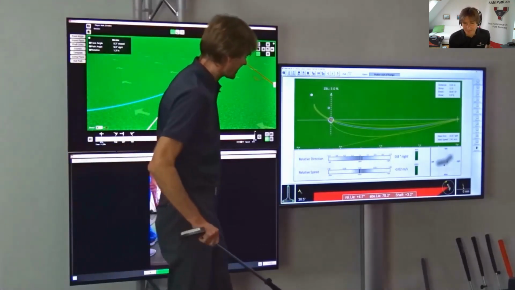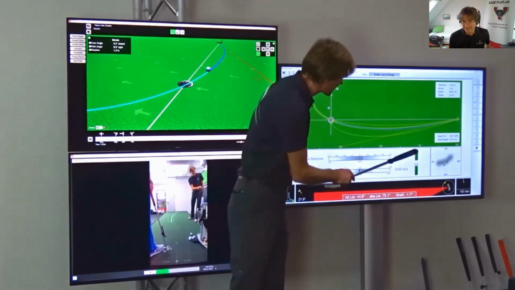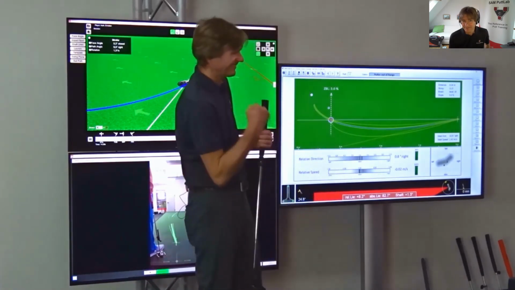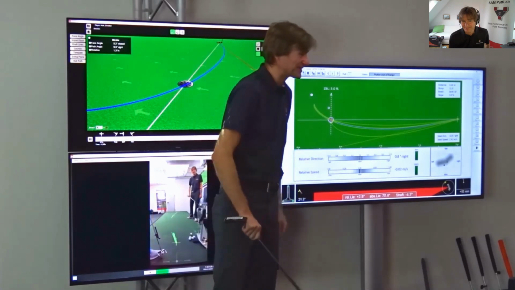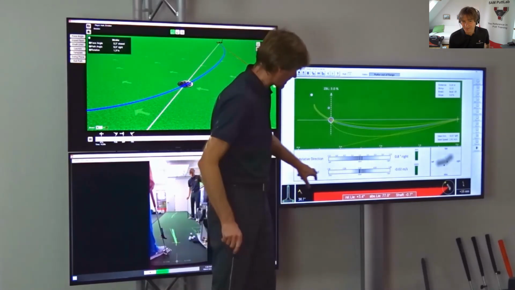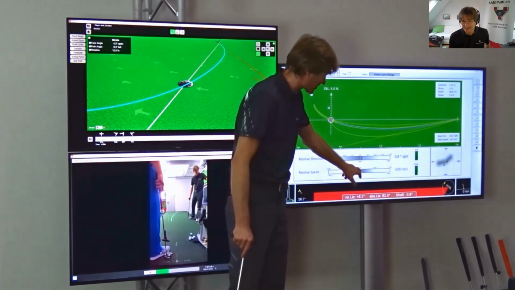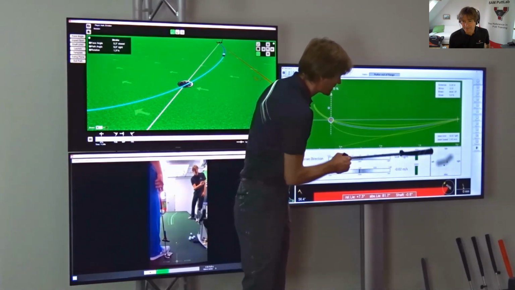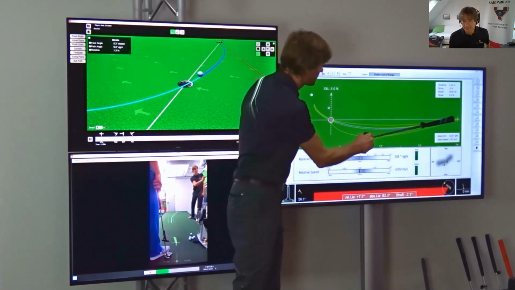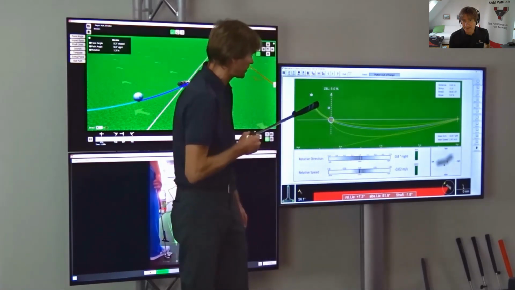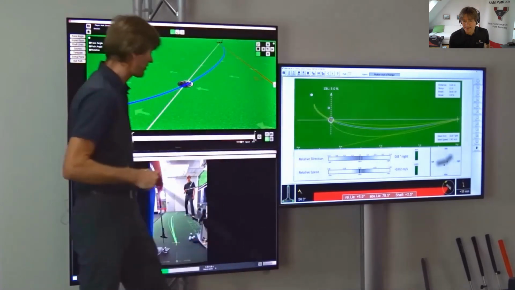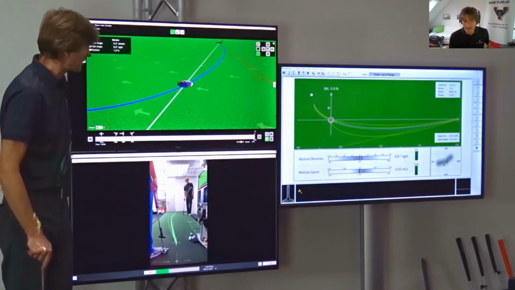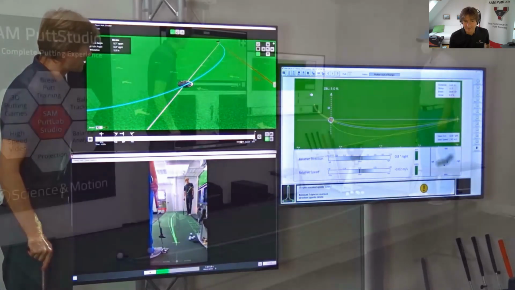We look at the data and we now see 96% for direction and 100% for speed. So I think you learned something now. Ideal speed was perfectly matching, and you see the dot is in the center of this break speed green, and the blue line, which is your putt, followed the ideal path perfectly. If you look at this, you can see how perfectly you played this putt.